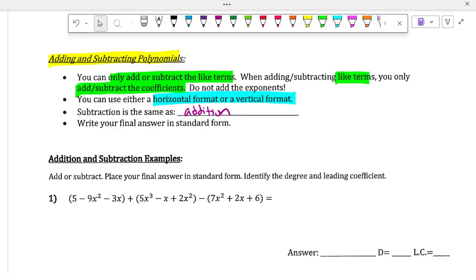Flip the signs, or distribute the negative to the terms connected to the minus. All right. So it's the same as addition, but you need to distribute the negative first. And then you always write your final answer in standard form. So get into the habit of writing your answers in standard form.